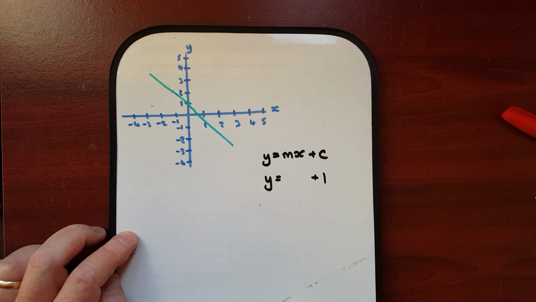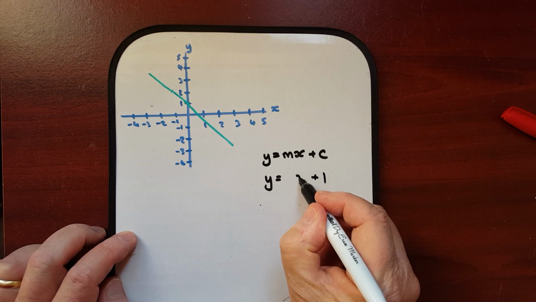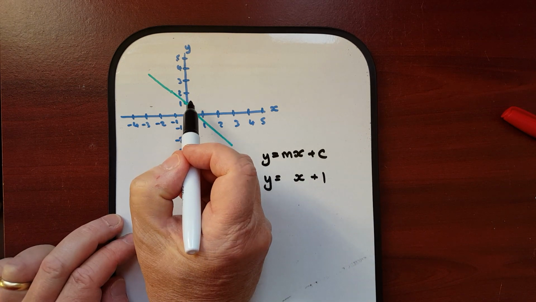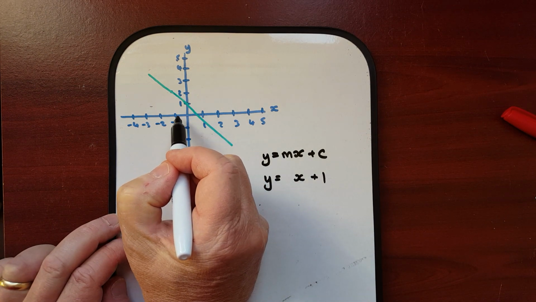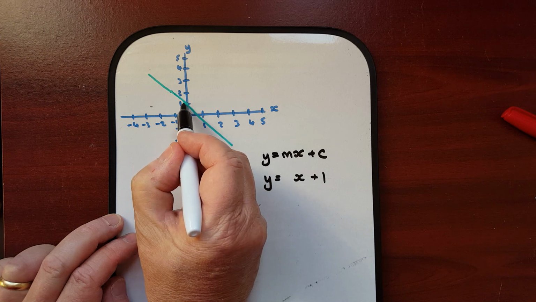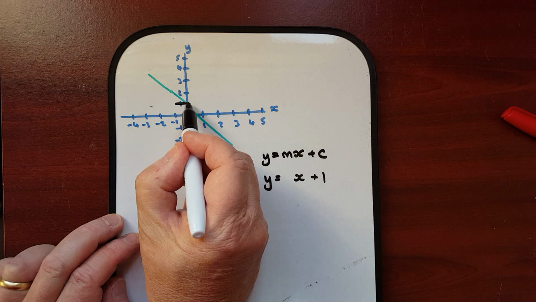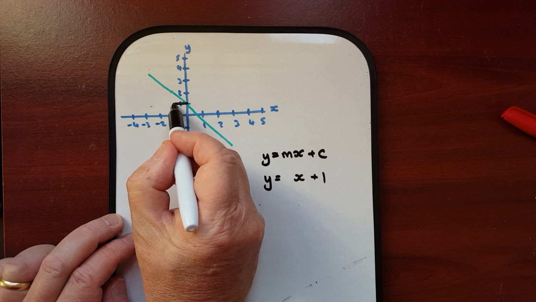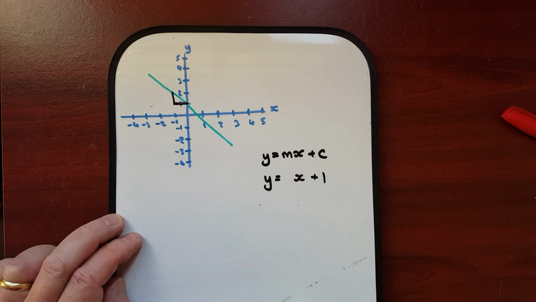So there we go, that's going to be 1. And what about the x part? Well, let's just see. If we go out one space there, then we're going to go up one space there.